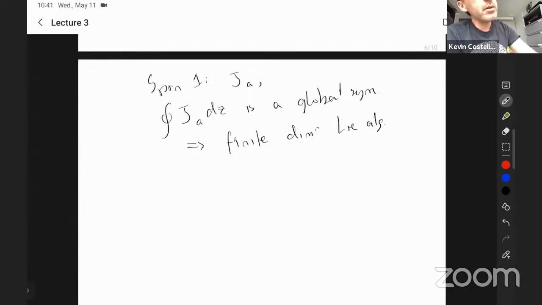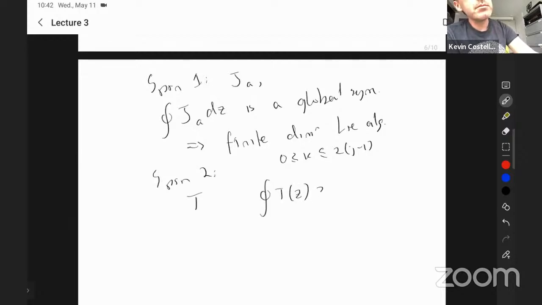If I have a spin 2, like the stress energy tensor, then this constraint tells me that we have 0 ≤ k ≤ 2j − 1, and if j is 2, k is 0, 1 or 2.